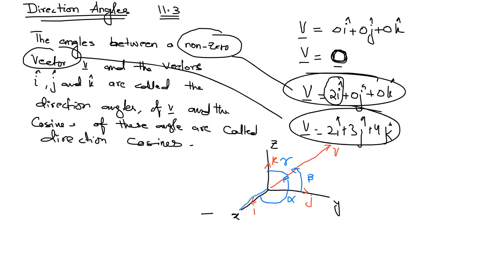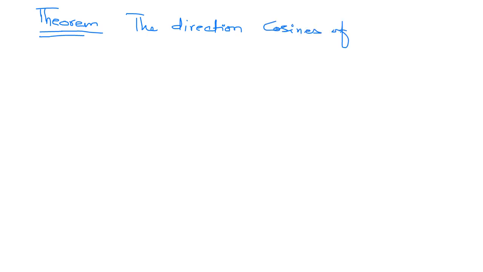So what is the theorem? The theorem states that the direction cosines of a non-zero vector, because we can only state properties for non-zero vectors. For a zero vector everything is zero.